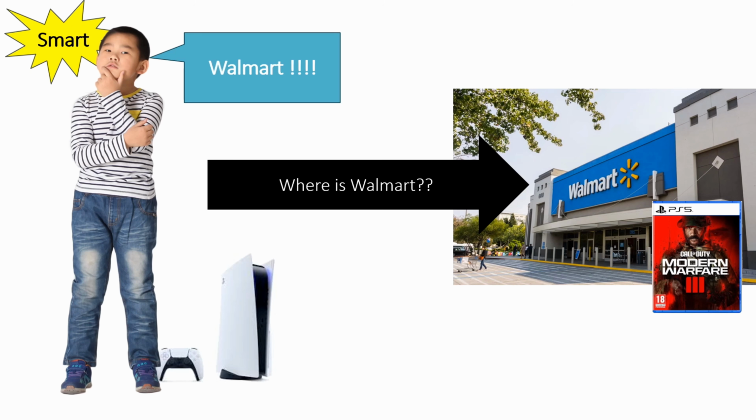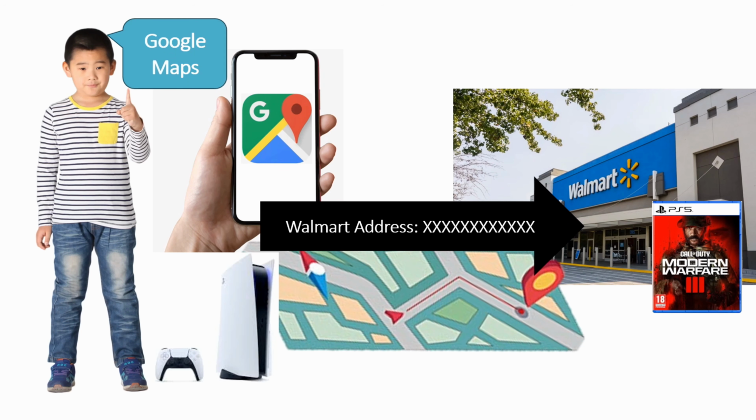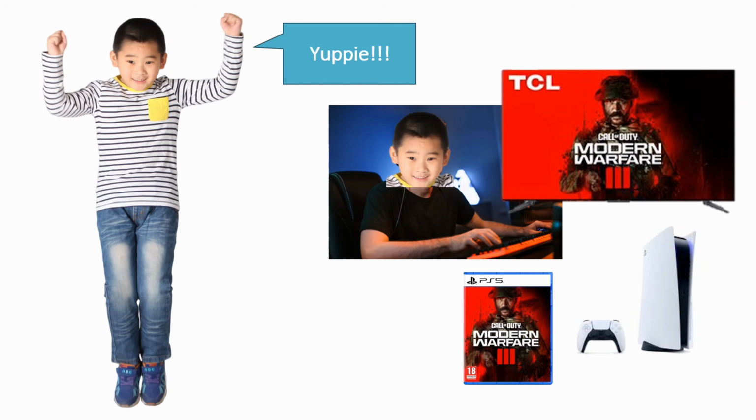He is new to this town, because of that he doesn't really know where Walmart is actually located. Billy opens Google Maps and searches for Walmart near me. He was able to find Walmart's address and right now he is planning to go and visit Walmart to buy his favorite game. Billy actually got the game and right now is enjoying his favorite Call of Duty.